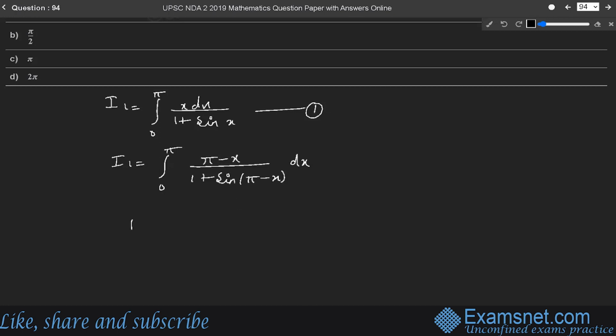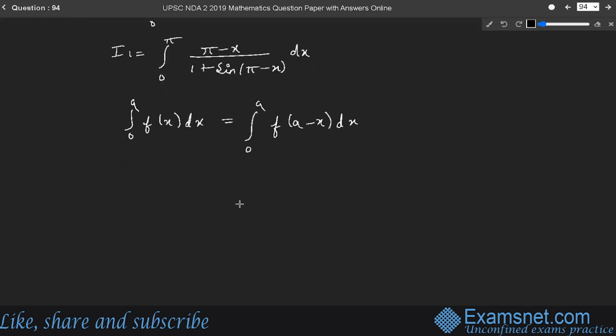Since we know that integral of 0 to a f of x dx is equal to integral of 0 to a f of a minus x dx, therefore I1 will be equal to integral of 0 to pi minus x divided by 1 plus sin x dx. Let this be equation number 2.